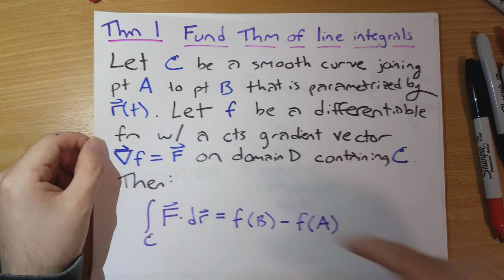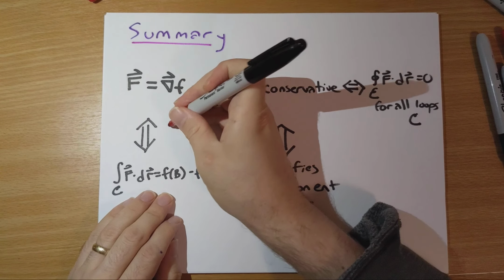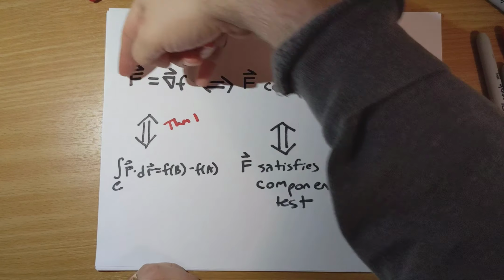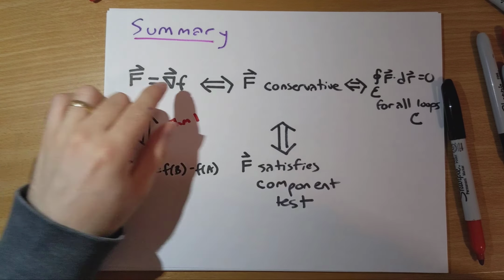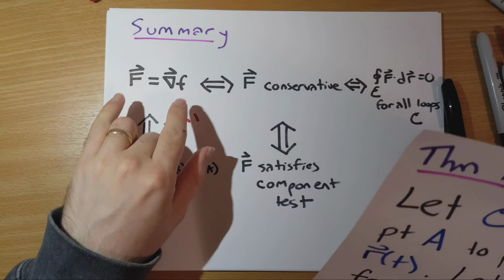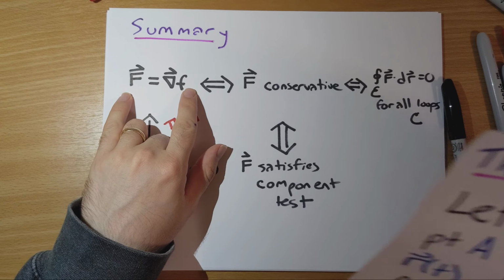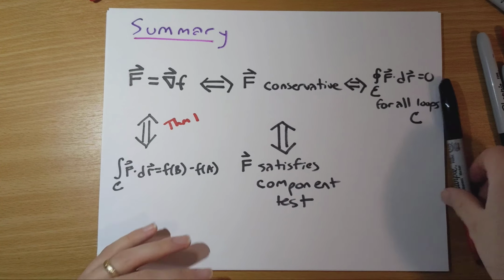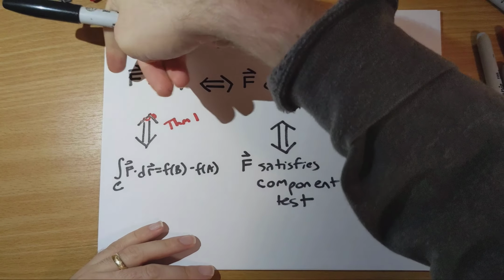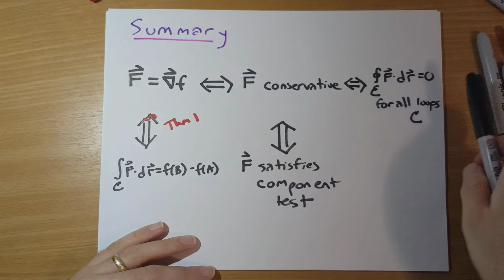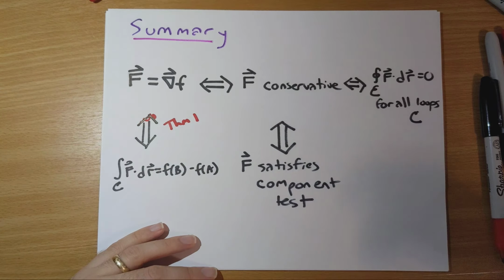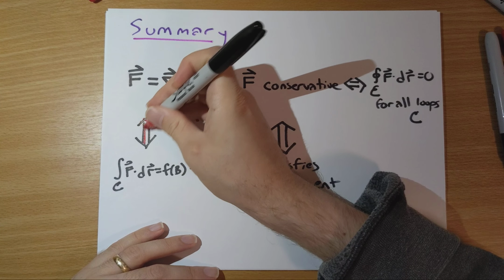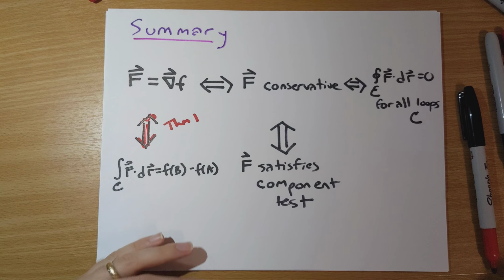And so theorem 1 here is saying if your vector field can be written as a gradient field of some potential function, you go down here. Maybe I probably shouldn't write this as if and only if. Theorem 1 is going in this direction, although going in the other direction we'll get to in just a second. But theorem 1 is really going in that direction right there.